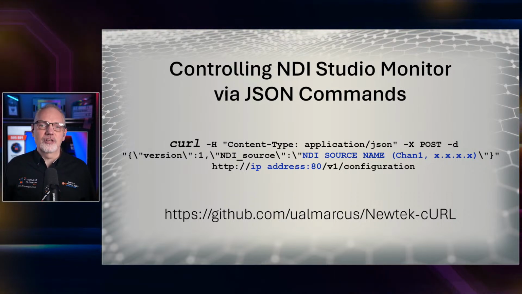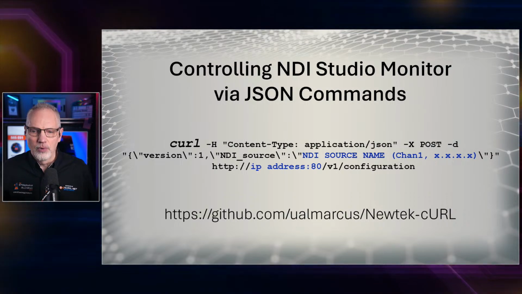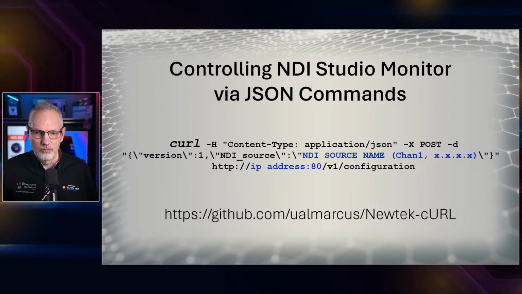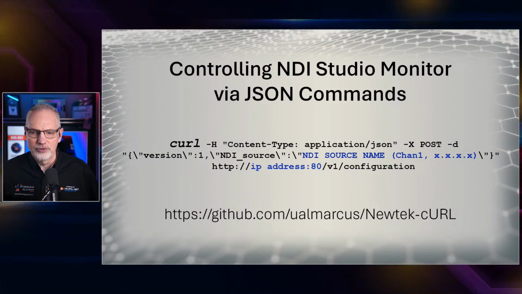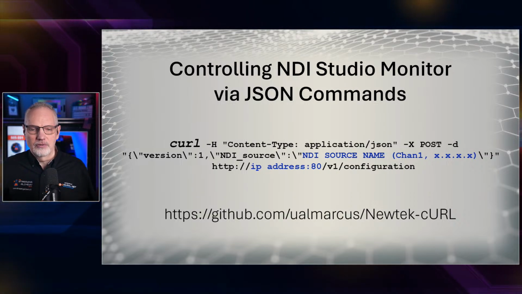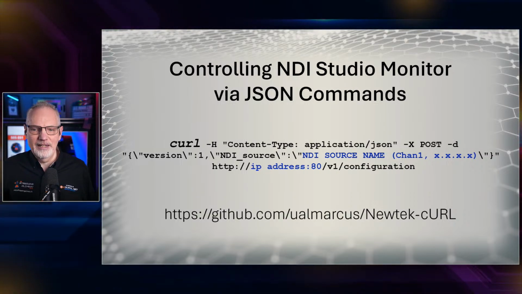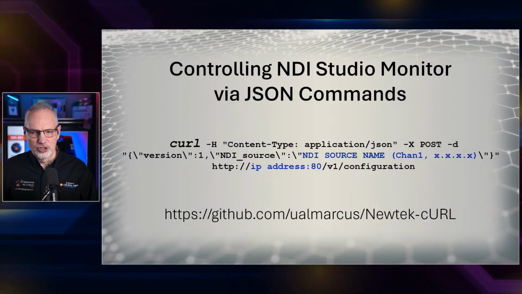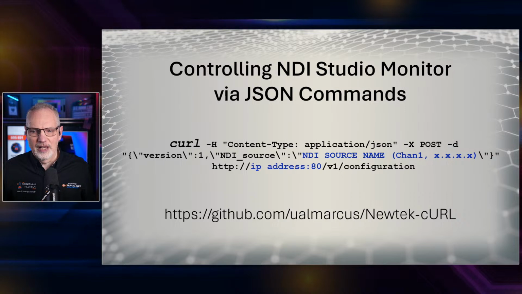So inside controlling Studio Monitor, mostly it's packed up using JSON, which is something we covered in previous shows. So I'm not going to go into it in any detail, but it basically says, send this command, we're formatting it in JSON, and I want you to execute a post command, which is when there's get and there's post. So the post command is sort of pushing this out.